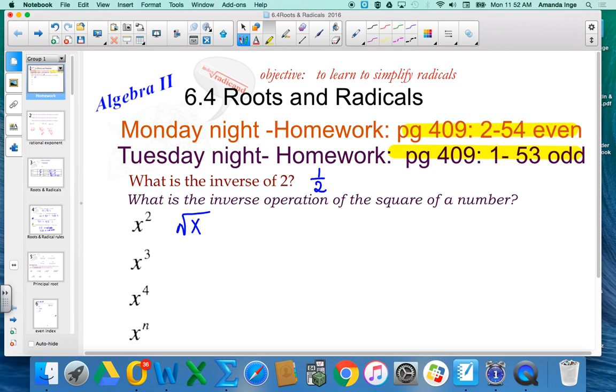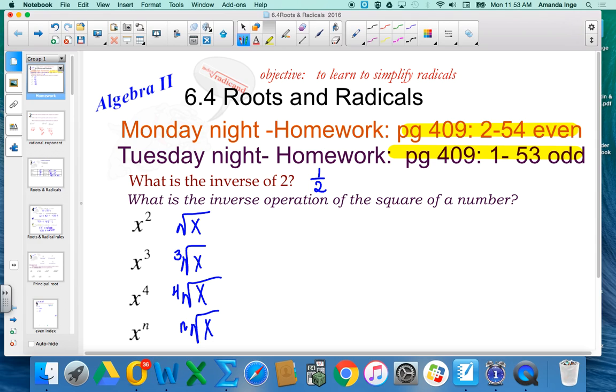The inverse operation of the cube of a number is the cube root of the number. The inverse operation of x to the fourth is the fourth root of x, and the nth root of x if it is x to the n power.